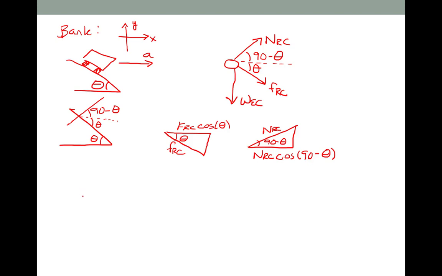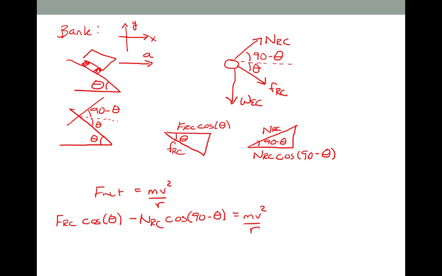Okay, so now if you think about F net equals mv squared over r, I have two forces that point in the direction of the acceleration. I have the x component of the friction and the x component of the normal force. So both of those point inward, so FRC cosine of theta minus NRC times the cosine of 90 minus theta has to equal mv squared over r.